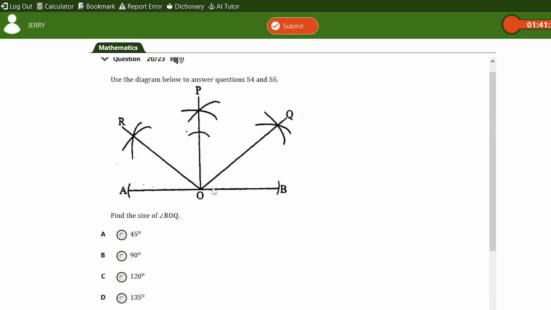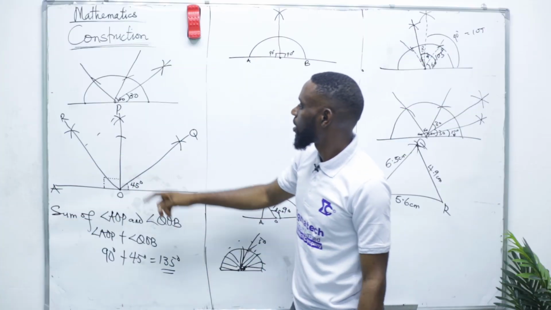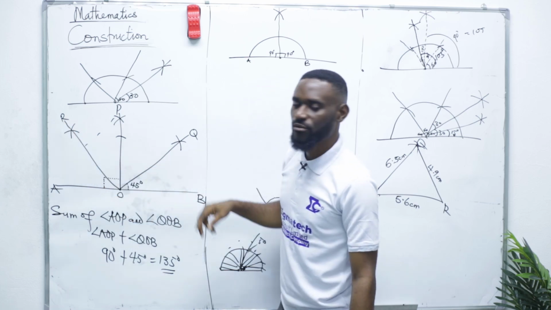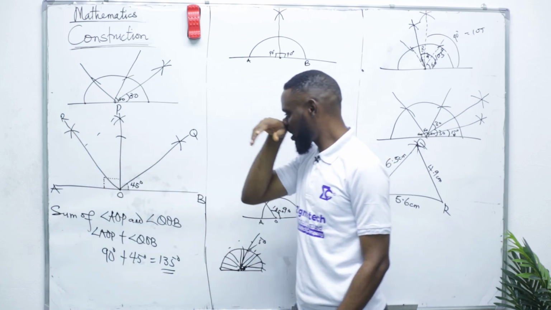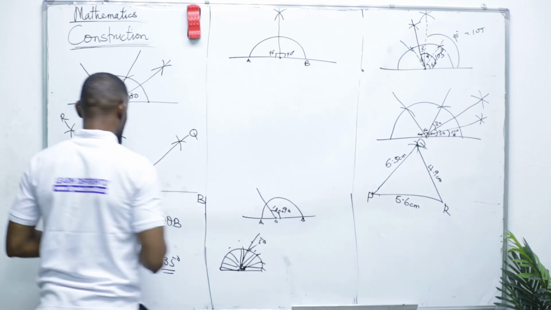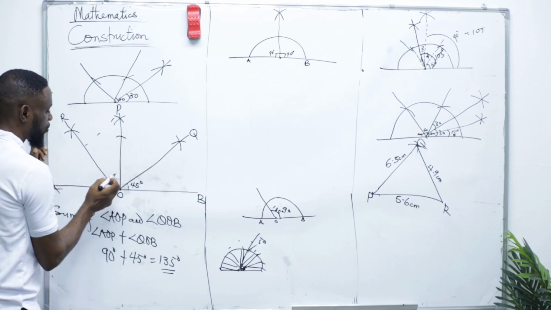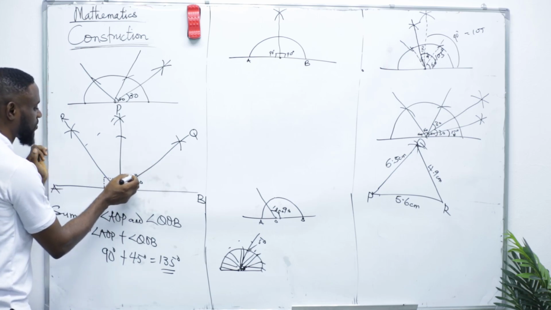Now, this is the second part of this question. This question says, find the size of angle ROQ. Is that okay? Let's look at that. So this is our ROQ. They're asking us to find the size of this angle.